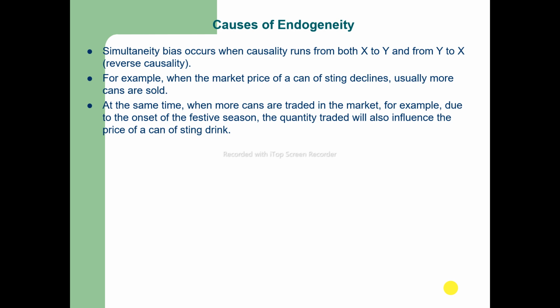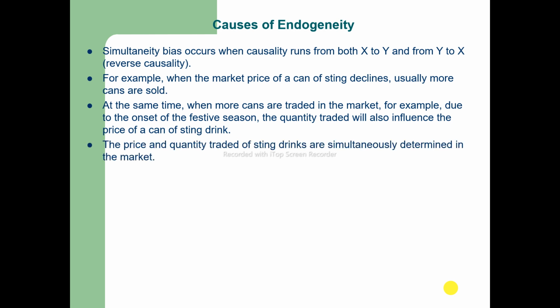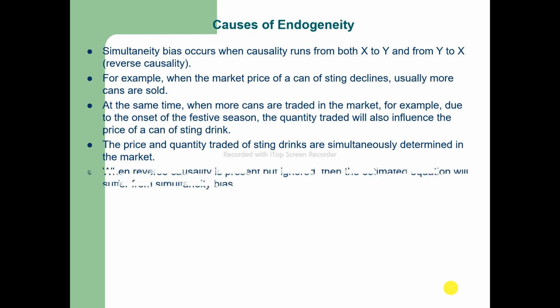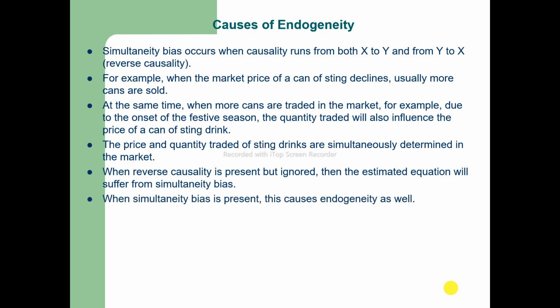At the same time, when more cans are traded in the market, for example due to the onset of festive season, the quantity traded will also influence the price of a can of Sting drink. The price and quantity traded of Sting drinks are simultaneously determined in the market. When reverse causality is present but ignored, then the estimated equation will suffer from simultaneity bias, and simultaneity bias also leads to endogeneity bias as well.